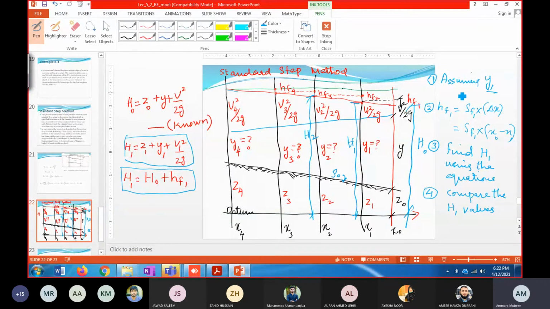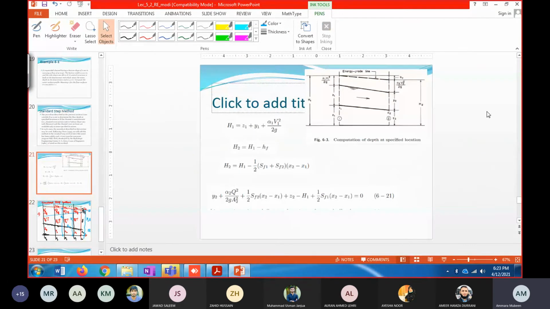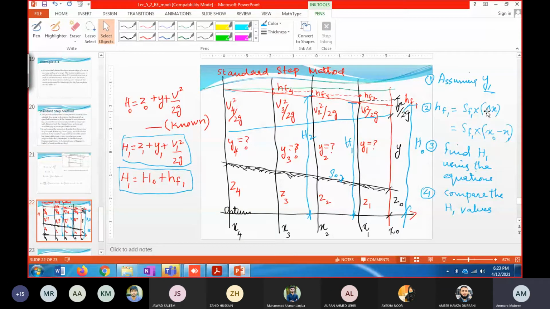Otherwise, you have to re-assume and calculate all these values again. So this is the iterative process, and if the H1 calculated through both equations are different, then you calculate again.